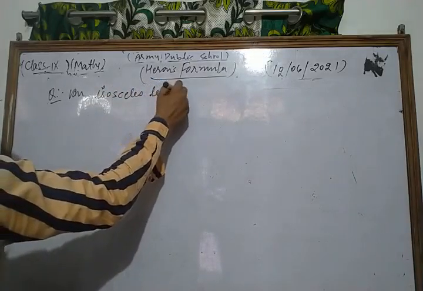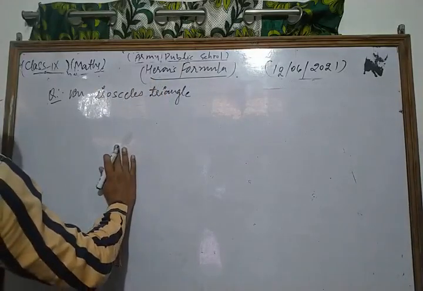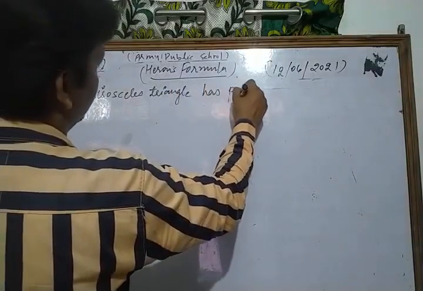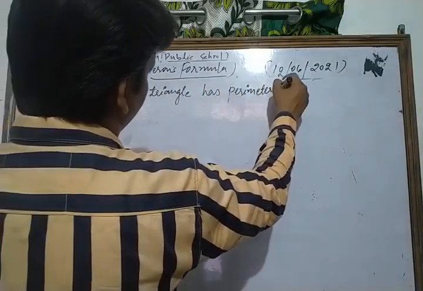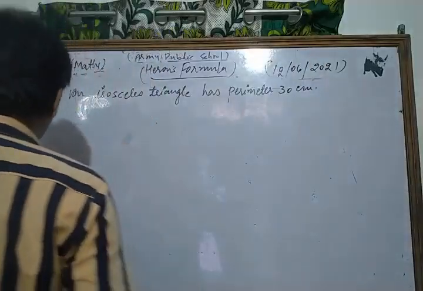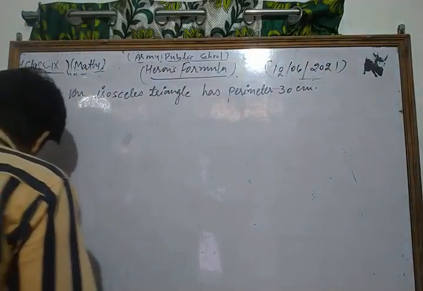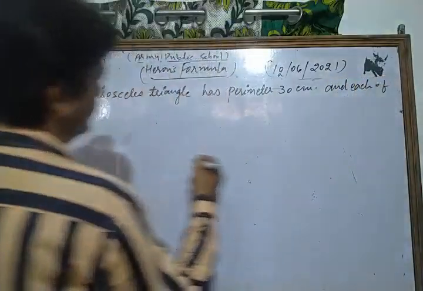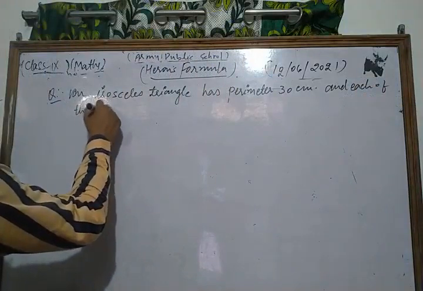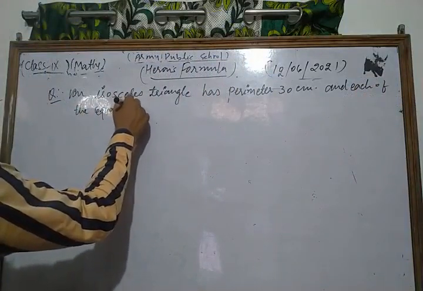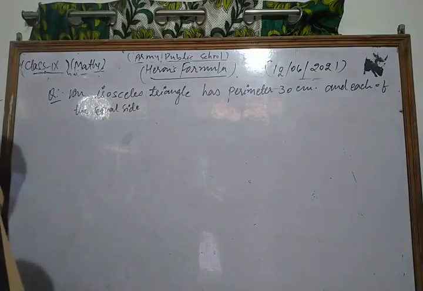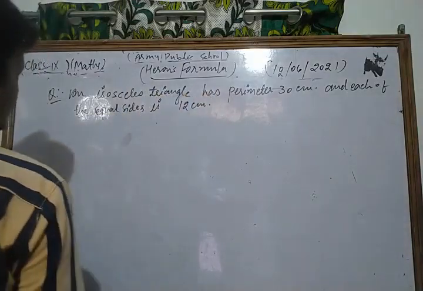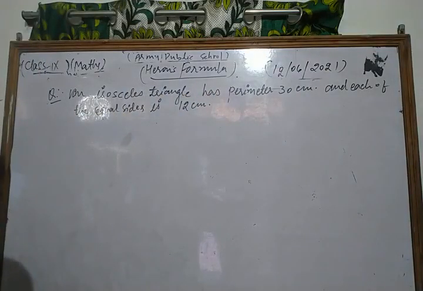An isosceles triangle has perimeter 30 centimeter, and each of the equal sides is 12 centimeter.